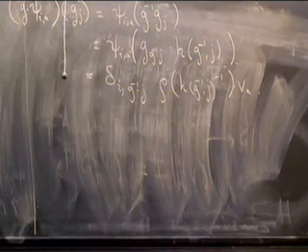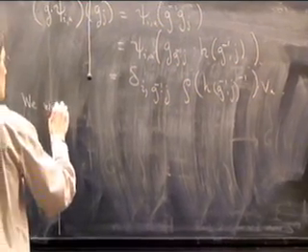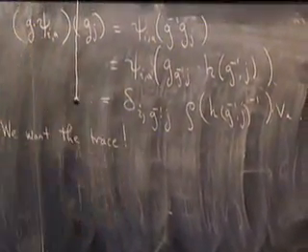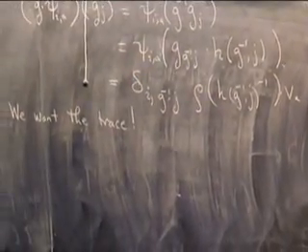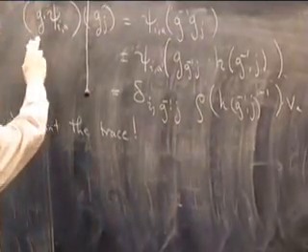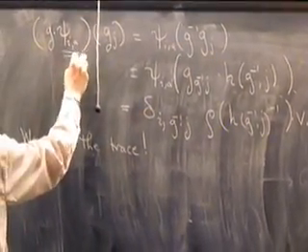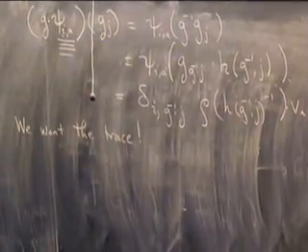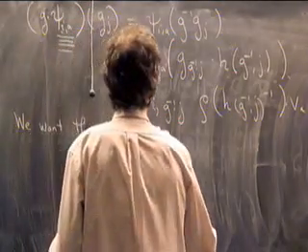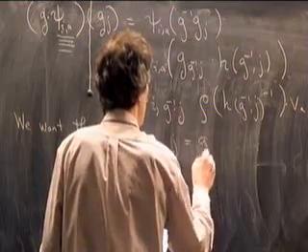Now that looks pretty awful. But fortunately, we want the trace. So this can be expanded in terms of these functions, but we're only interested in the coefficient which brings us back to psi_IA. So that means that we're only interested in j equals g dot i.